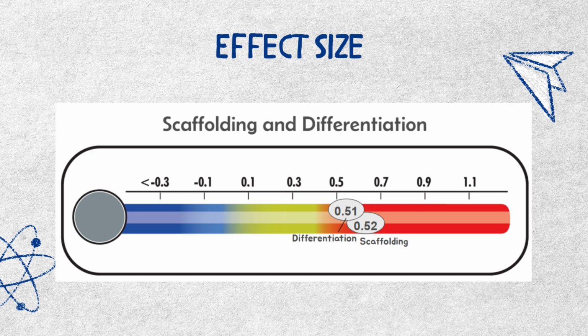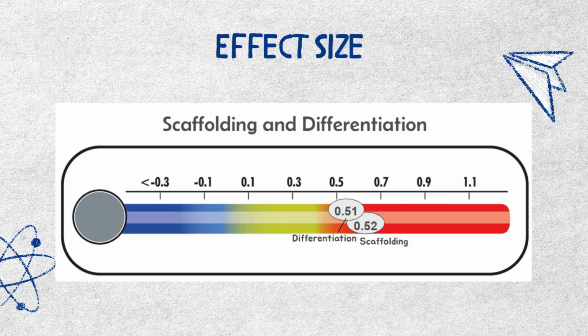Now, let's talk about the exciting news for scaffolding and differentiation. A positive effect size of 0.52 for scaffolding and 0.51 for differentiation is fantastic. This indicates that both strategies have a significant and positive impact on student outcomes.